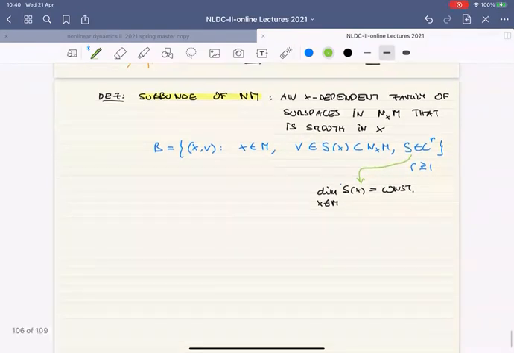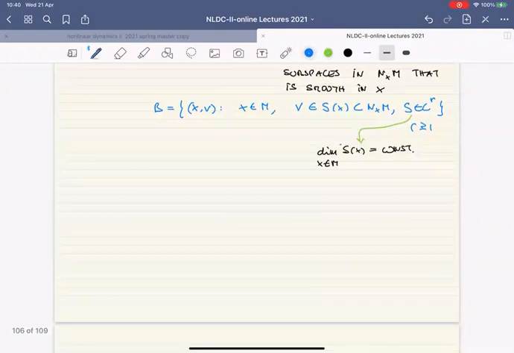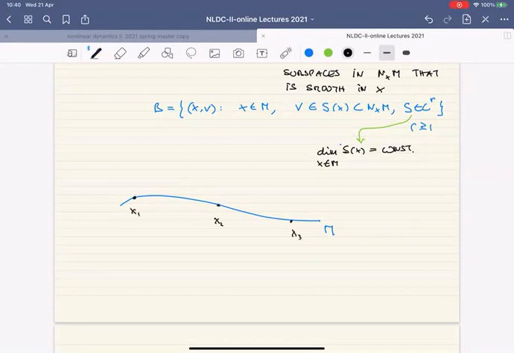So the picture one should have in mind is that if this is the manifold M, and this is, say, the first point in the manifold X1, and you might have an X2 here, and you might have a point X3 as I'm moving along. Then if I set up an example, I will need to consider the local normal spaces.